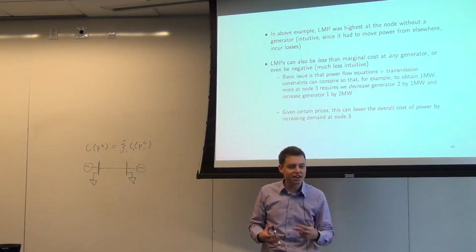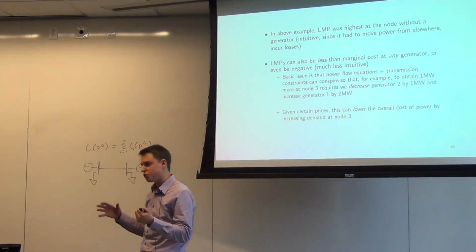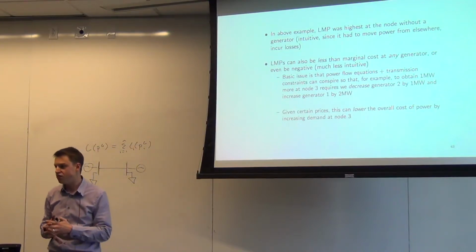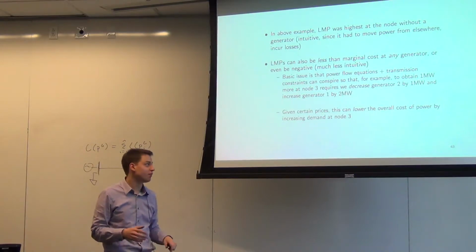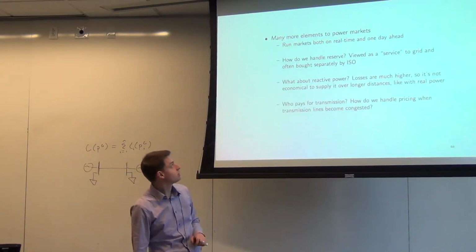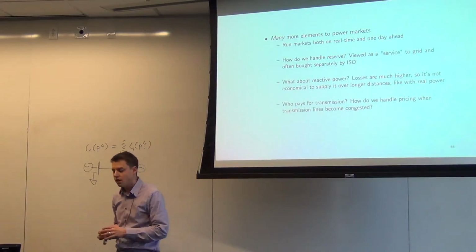Essentially you have effects that depend not only on the cost of generation, but also on the physical constraints of the grid itself. And these do not disappear in a power market. They are very, very much prevalent. Now, this is really just skimming the surface of the whole field of power markets.